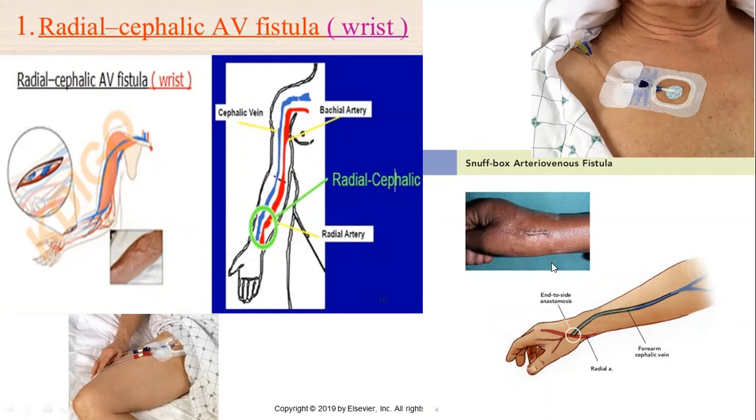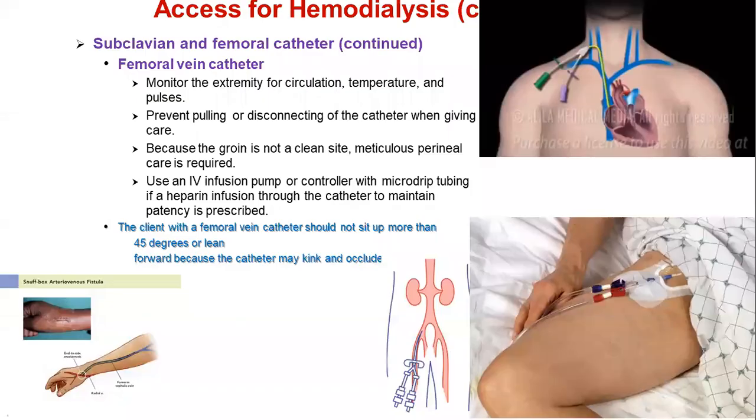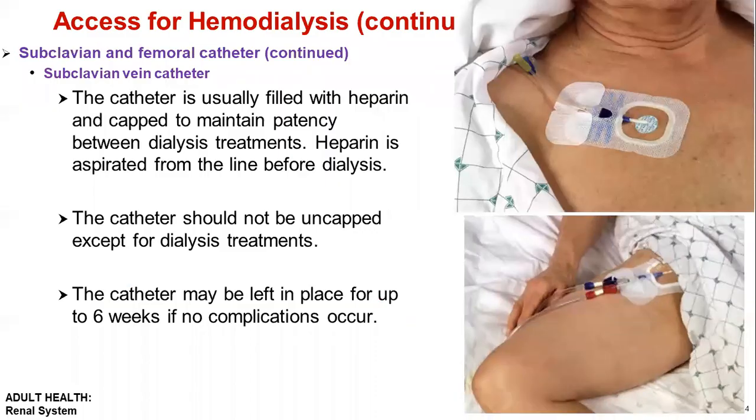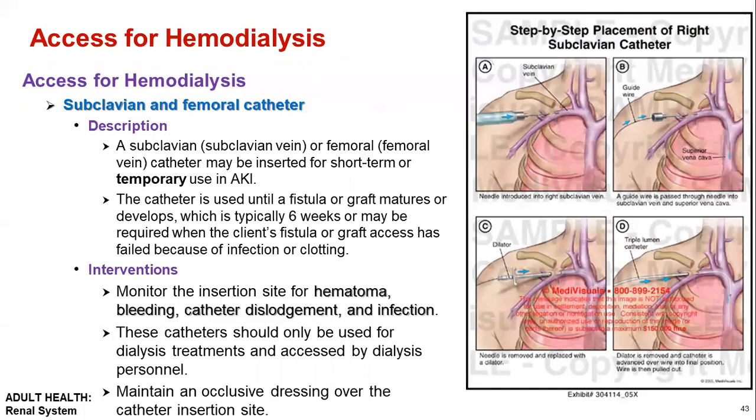In this picture, you can see the shunt made between artery and vein, and it looks like this. If you feel it, you can get the thrill. If you put the stethoscope, you can hear the bruit, and it indicates the fistula is mature to start the work. This picture shows the step-by-step placement of a subclavian catheter.